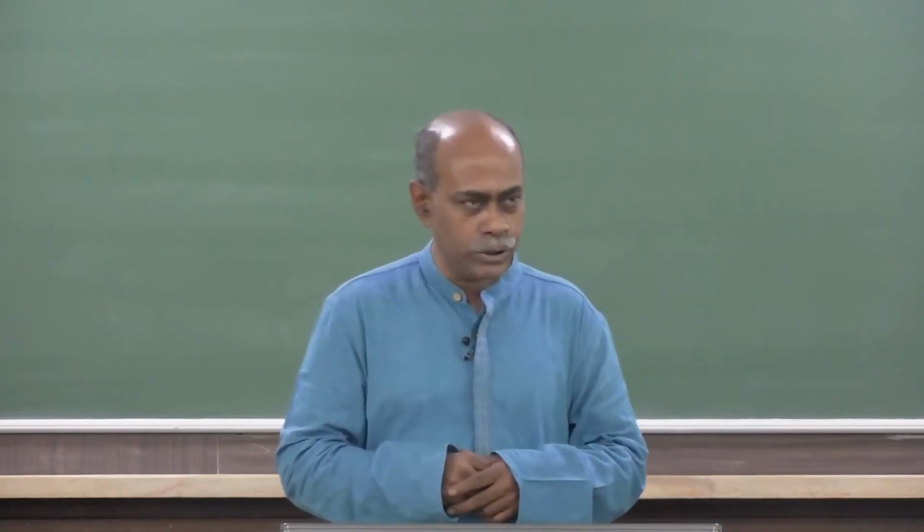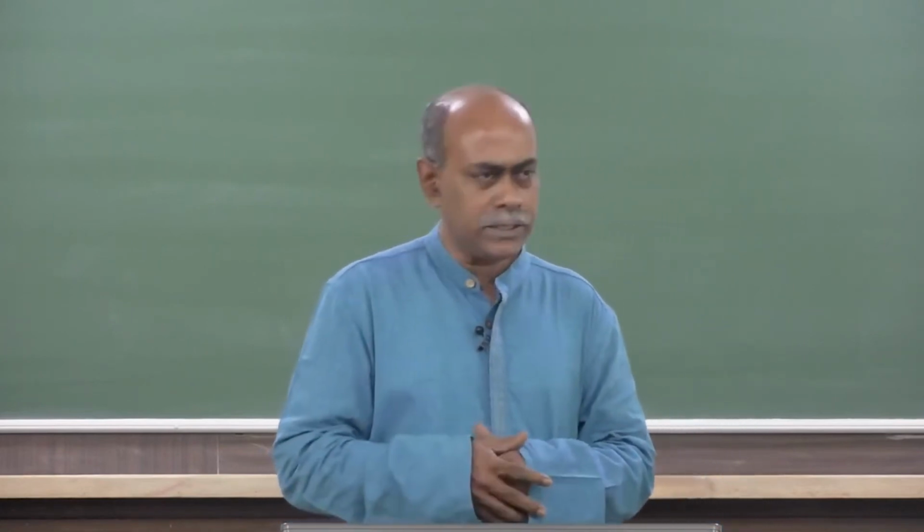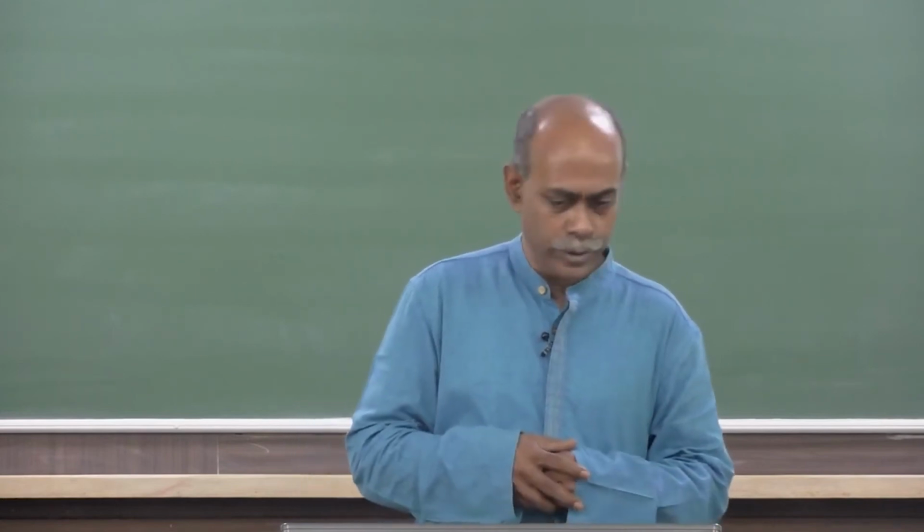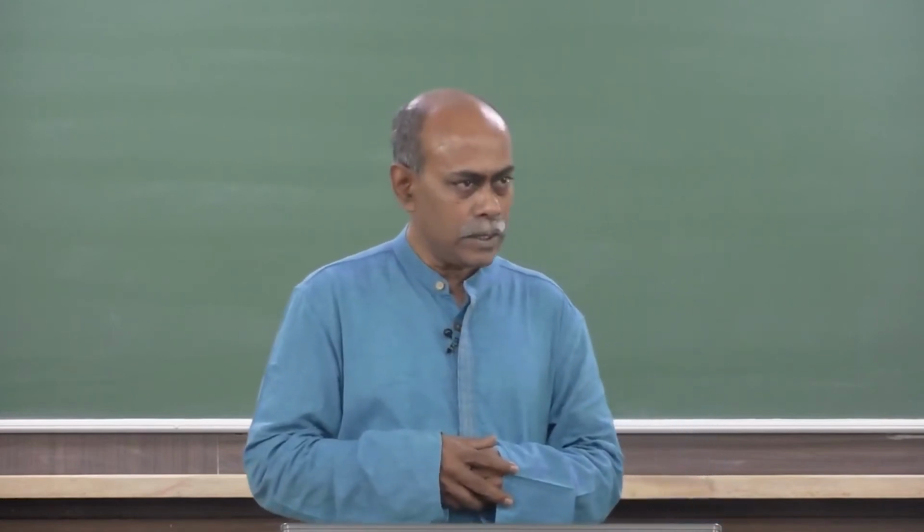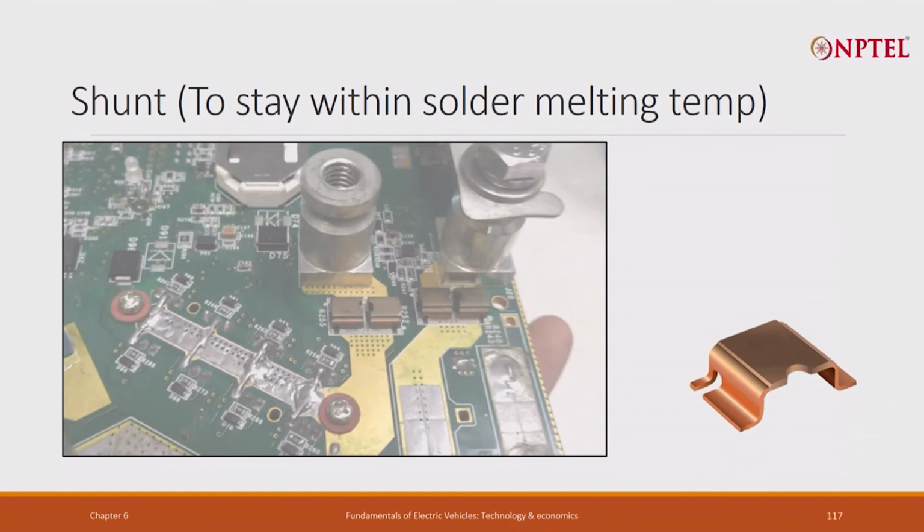The problem with the shunt is that it is a very tiny component, very small, and at the floor where you see here, at this place, it is in contact with the PCB on the two sides. That area is really small and it is soldered there. It is soldered on to the copper tracks.